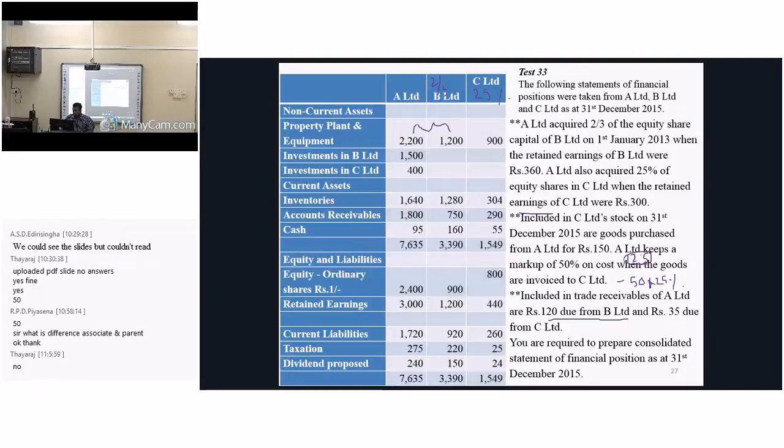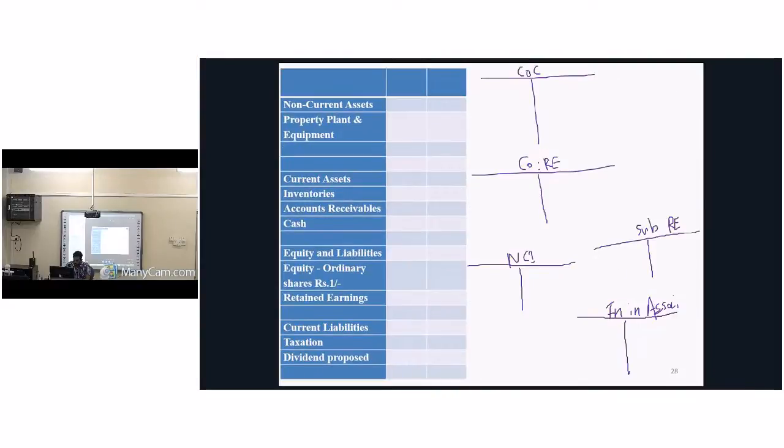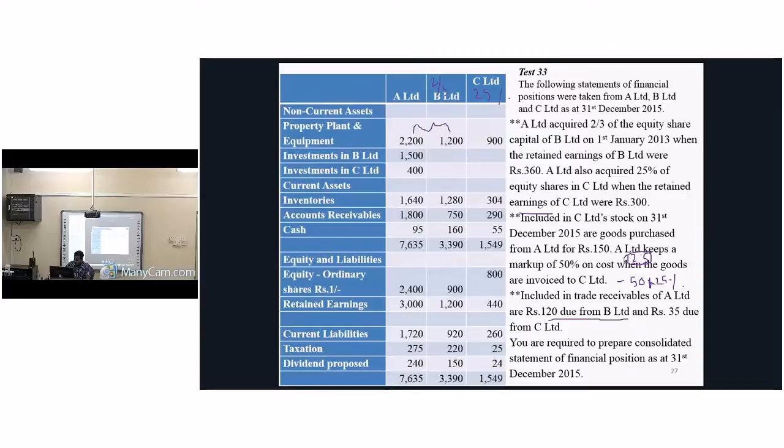Therefore, we take the sum of these two, 2200 plus 1200. PPE will be 3400. It means I didn't add the associate columns.